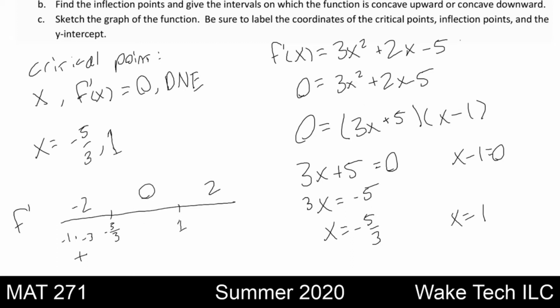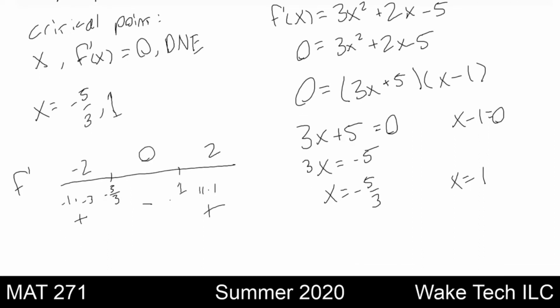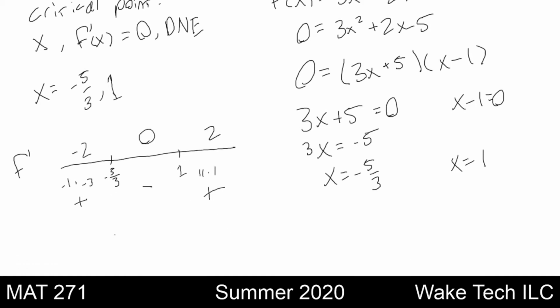For 0, I would actually plug that into the original equation because now I can tell it's just negative 5. And when I plug in 2, I have 6 plus 5 is 11, and 2 minus 1 is 1. So a positive times a positive is a positive. And as we all know, a positive first derivative corresponds to an increasing graph, and a negative first derivative corresponds to a decreasing part of the graph.